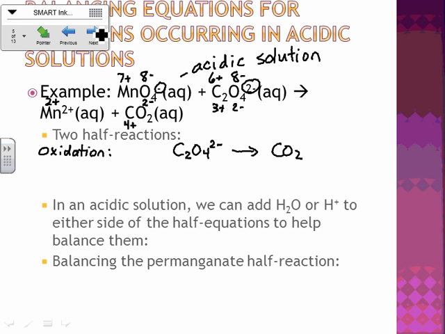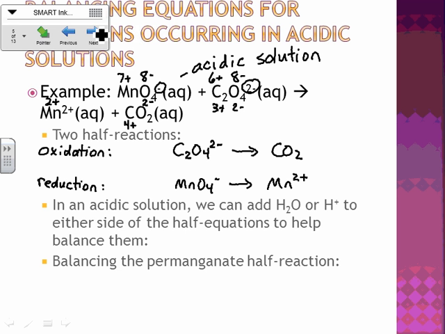I'm going to be a little lazy here. And then our reduction half reaction is going to be the other one: MnO4 minus yields Mn2 plus.